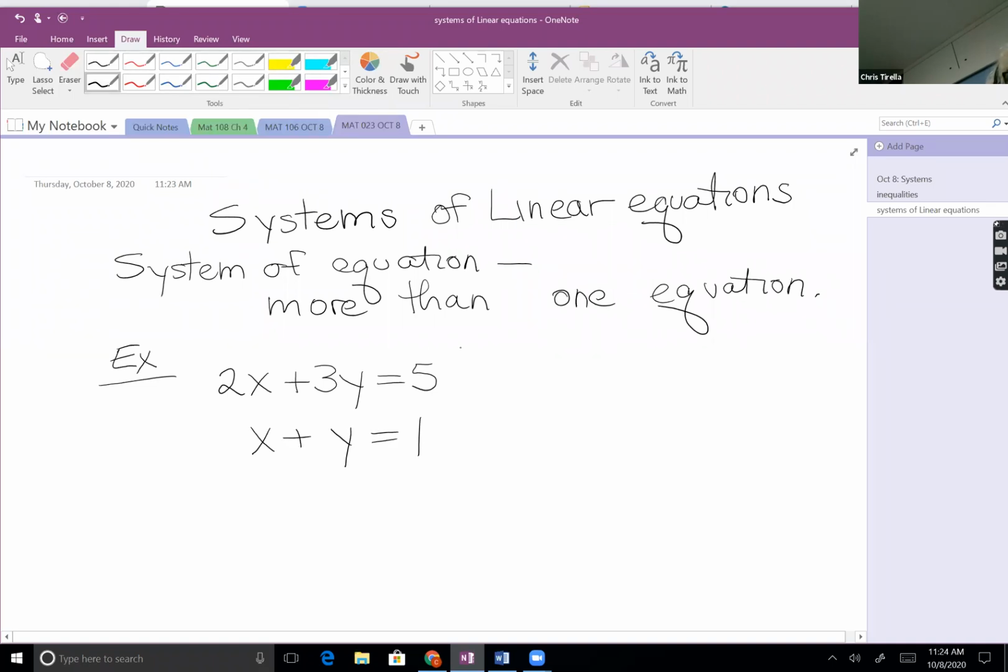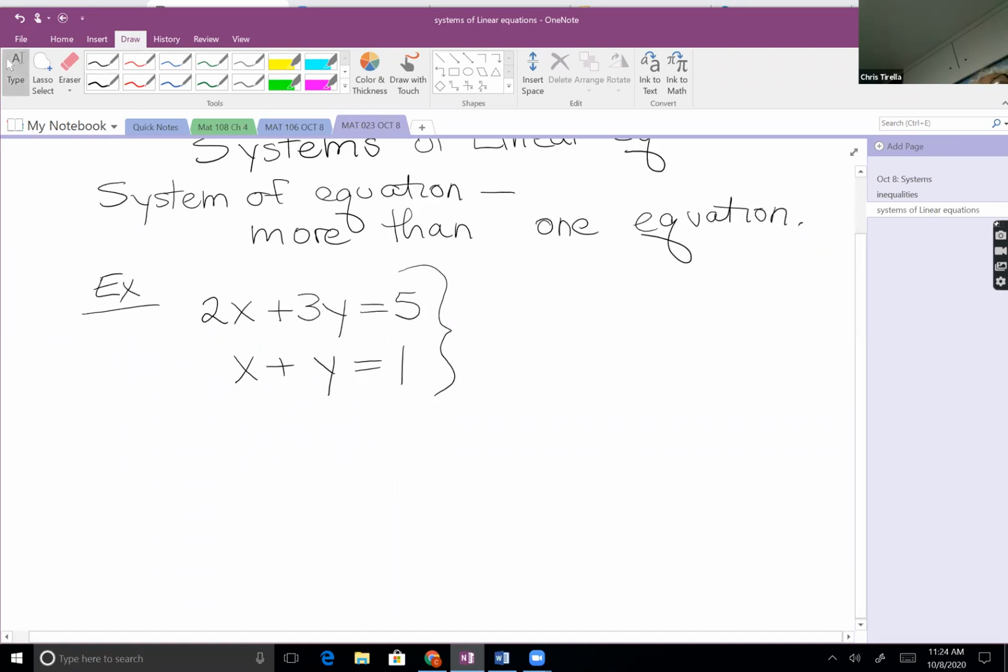And so I've got more than one equation. I have two equations. We will be looking at systems with two variables, x and y, and if we have two variables, we need two equations. As you progress in your mathematical career, you'll find that you have to have at least as many equations as you have variables.